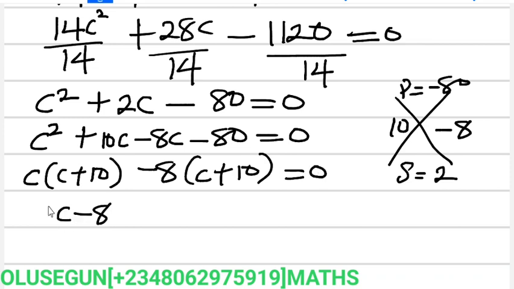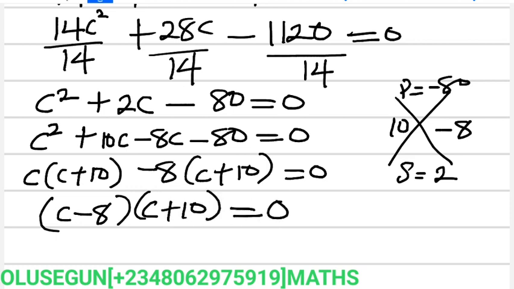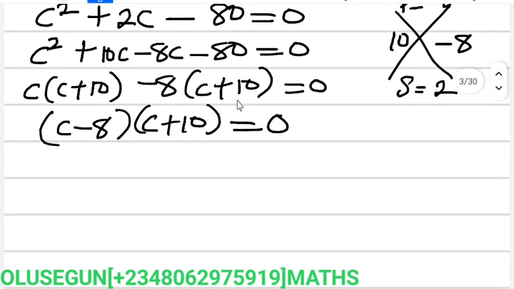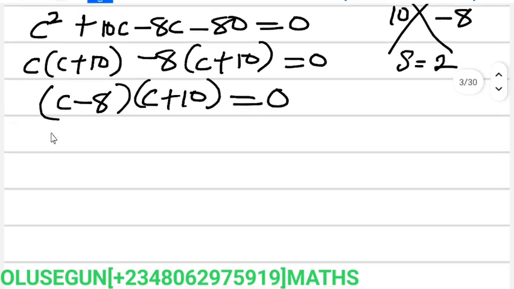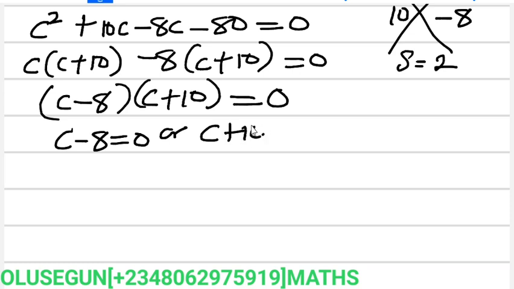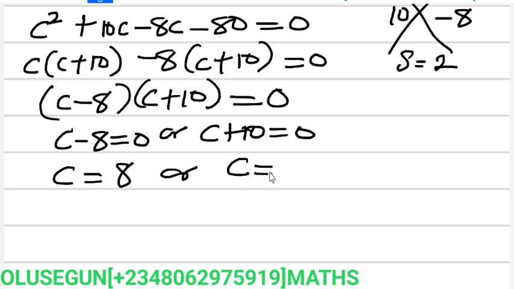So c minus 8 onto c plus 10 is equal to 0. So therefore, c minus 8 is equal to 0, or c plus 10 is equal to 0. C is equal to 8, or c is equal to minus 10.